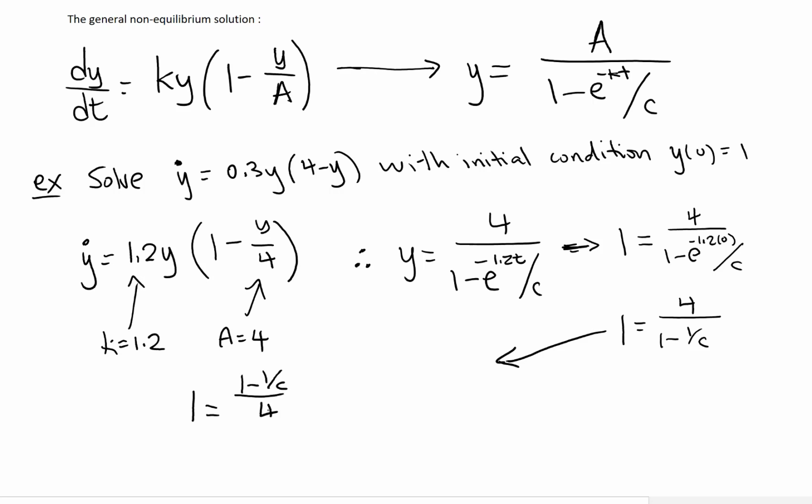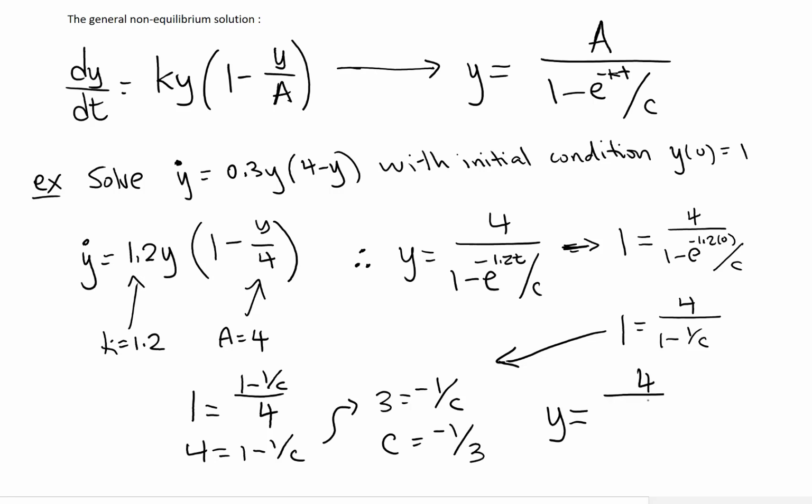We get 1 equals 1 minus 1 over c over 4, or 3 equals negative 1 over c. So the c value is equal to negative 1 third, and we get the solution with e to the negative 1.2t when I substitute it back in. So there is an example with no context.